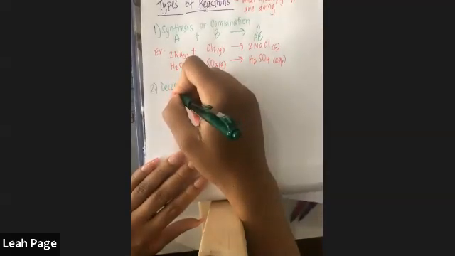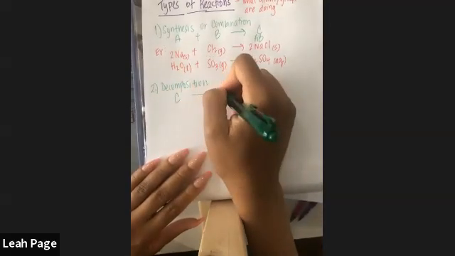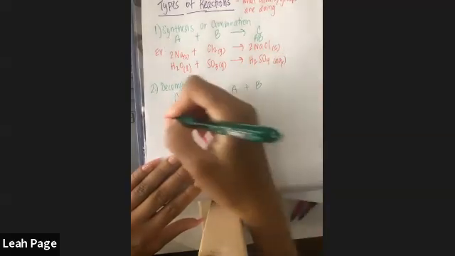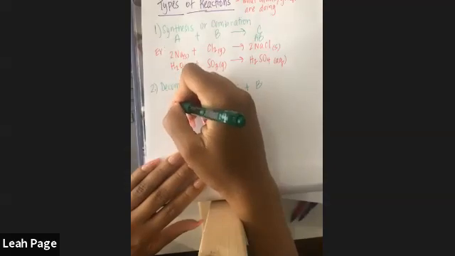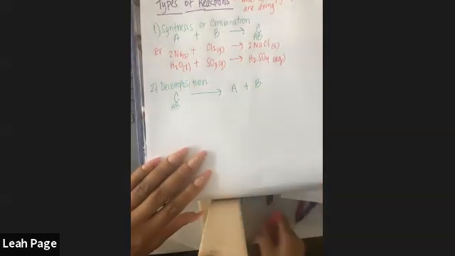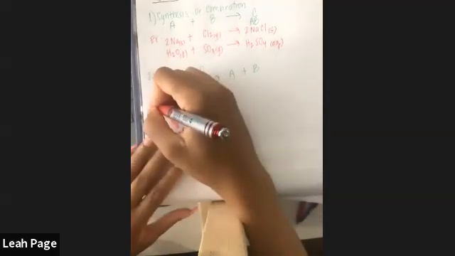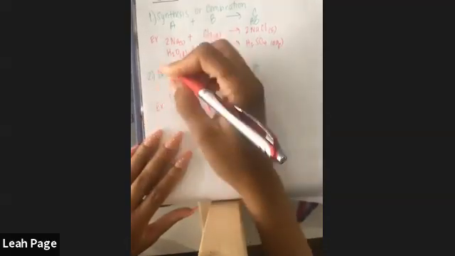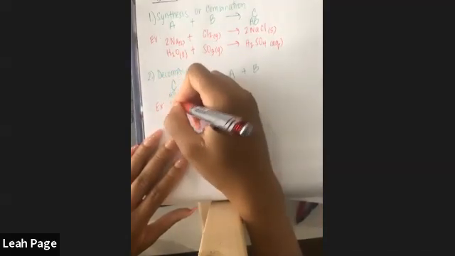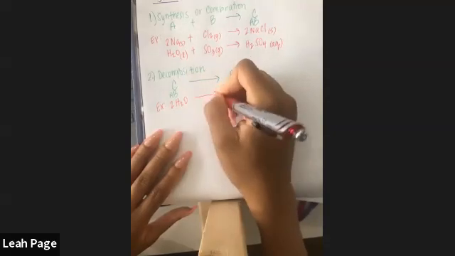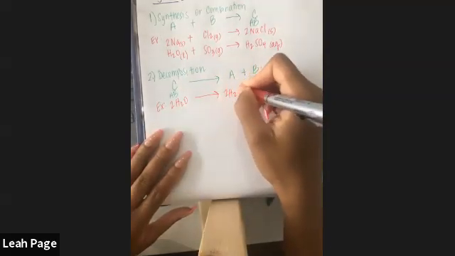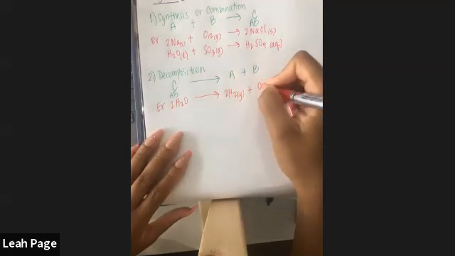So now we have our substance C breaking down to A plus B. And remember, C is just like saying A and B combined. So an example of this type of reaction is simply saying if I have water and I break it down to just hydrogen gas and oxygen gas.